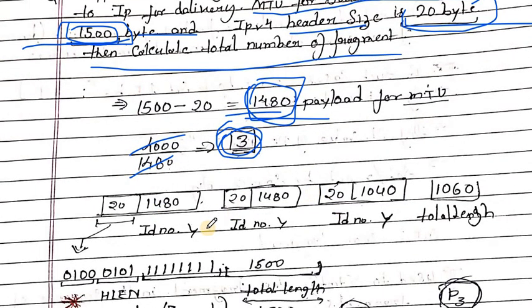Now our answer comes here, but we will proceed further to check how the offset value is to be set.